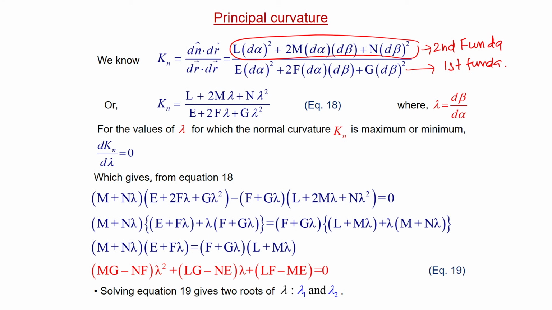If we divide by d alpha top and bottom, then it reduces to equation 18, and we define d beta by d alpha as lambda. If we differentiate equation 18 with respect to lambda and equate to 0, ultimately it reduces to a quadratic equation, and the solution gives you two roots.